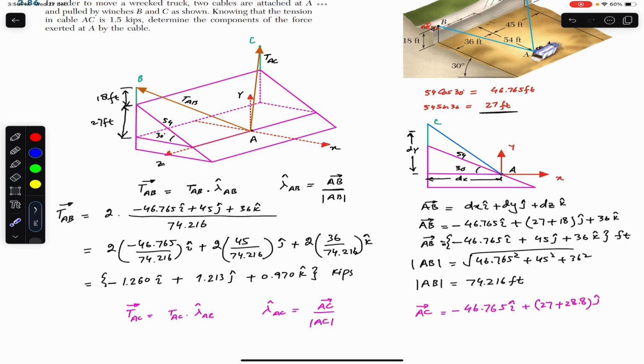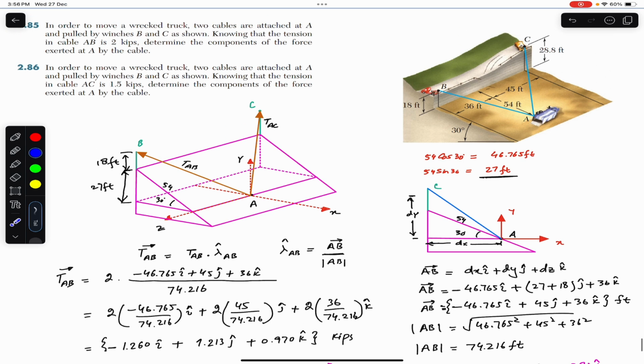And similarly, the distance between point A and C in the z direction. This is the distance between point A and C, and that distance is given, that is 45 feet. This means that in order to reach point C from A, or we can say that point C is located with respect to point A in the negative z direction, we need to travel 45 feet in the negative z.